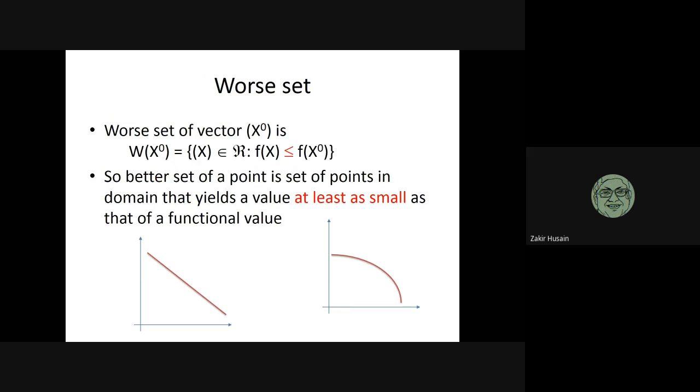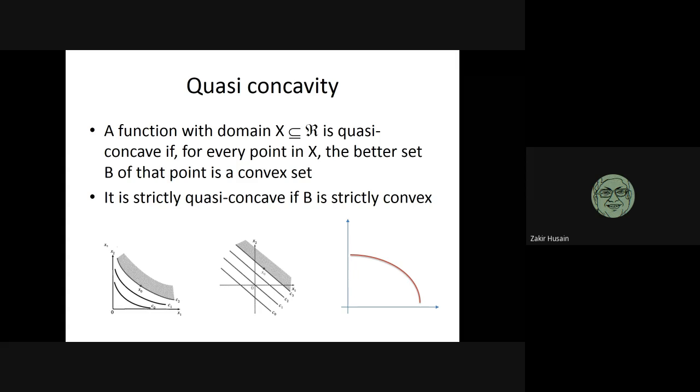Okay, so in a similar way, you can define the worse set. The original functional value is greater than or equal to the new point's value: you are taking a new point, and this new point has a functional value which is less than or equal to the original value. Then I come to something which we call quasi-concavity.